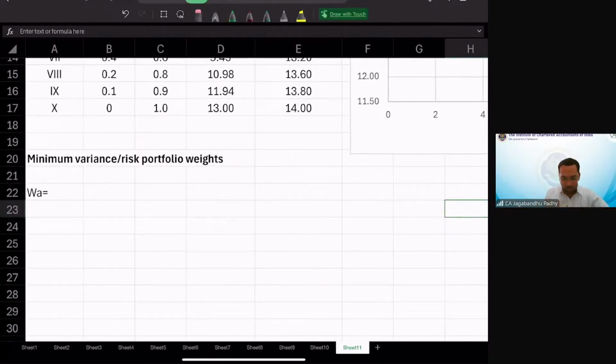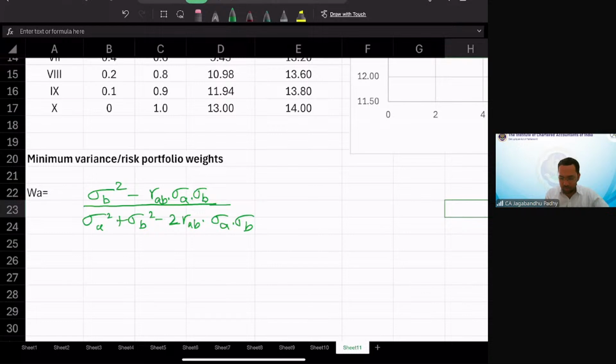Weightage of A, you can compute it as standard deviation of B square minus correlation between A and B into standard deviation of A into standard deviation of B, the whole thing divided by standard deviation of A square plus standard deviation of B square minus 2 into correlation between A and B into standard deviation of A into standard deviation of B. So this is the formula.